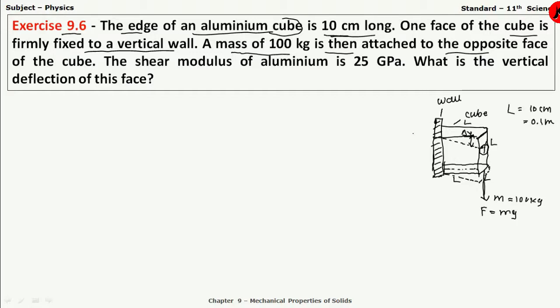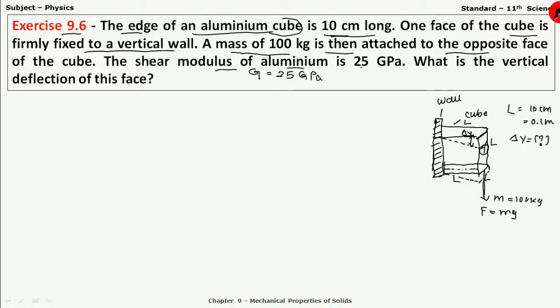Right? And one more thing, the shear modulus of aluminium is given, and shear modulus is defined by the symbol G, which is 25 gigapascal. And what is the vertical deflection of this face? Here we need to find the vertical deflection, which is nothing but delta y. Delta y we need to calculate.